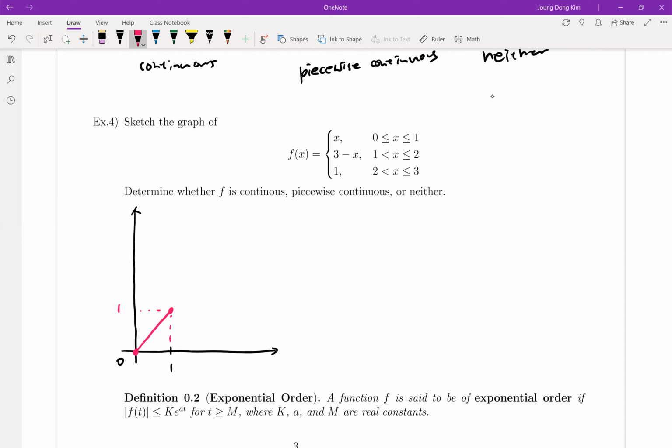And the second function, 3 minus x, right? When you plug in 1, it is 2, but it's not inclusive. And when plugging in 2, it is 1, inclusive, like that. Then 2 to 3 is just a straight line, which is 1, right?